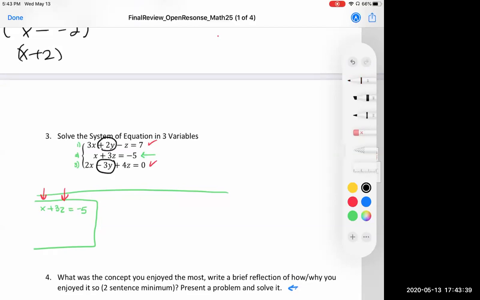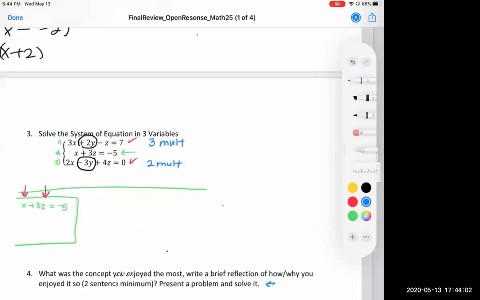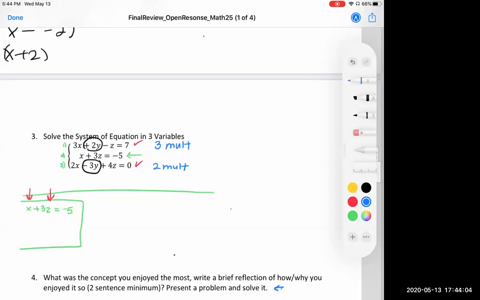I have 2 and I have -3. I can multiply the first one by 3, and I can multiply my second one by 2, and that would give me a +6 and a -6. So when I add them, it'll give me that 0 that we're looking for. All right, let's go ahead and do that.